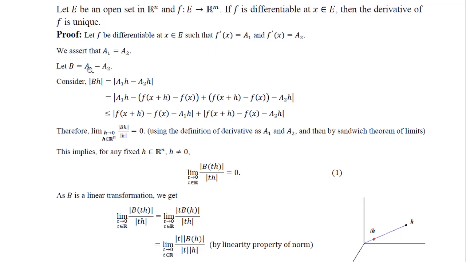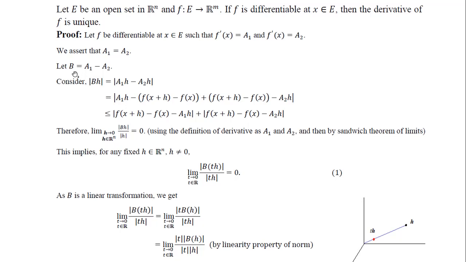For proving that, as a usual trick we generally apply for proving uniqueness in analysis, we will consider the difference of these two as B. B will be A1 minus A2, and because A1 and A2 are linear transformations, their difference will again be a linear transformation.